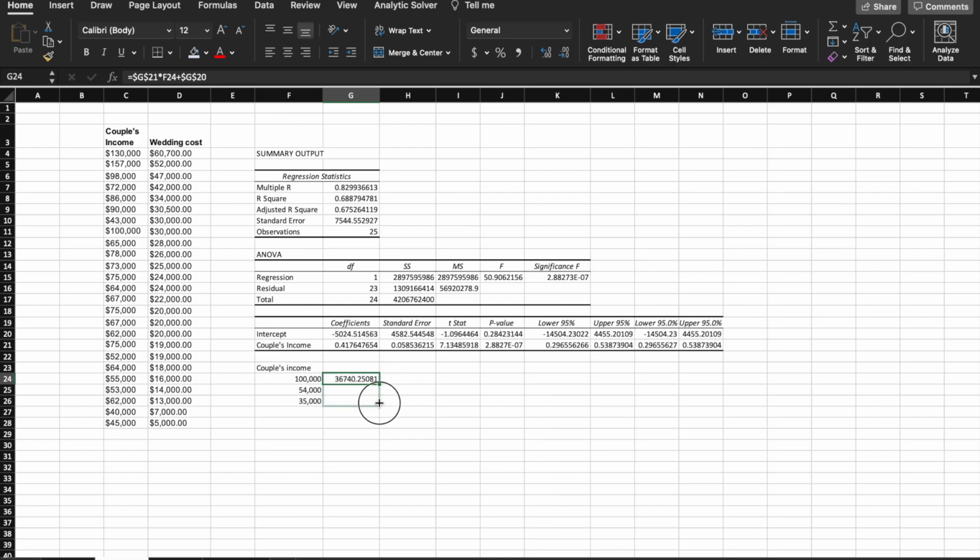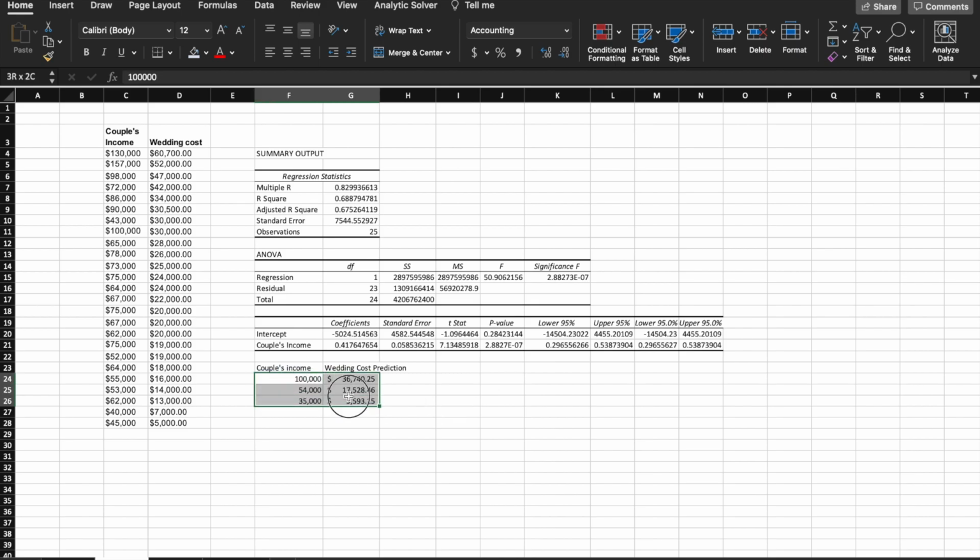And now I can drag it down and change it to a $ sign, an accounting variable. So now we can say that for a couple whose income is about $100,000, their wedding cost may be around $36,000. But for a couple whose income is about $35,000, their wedding cost might be around $9,500.